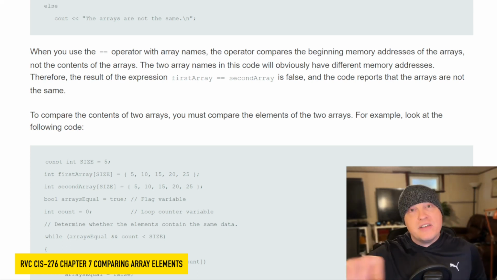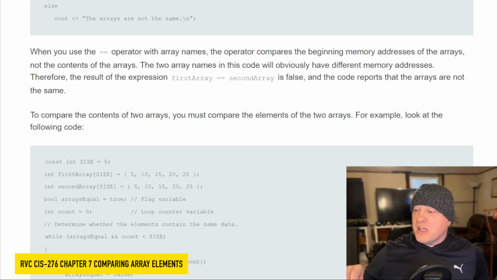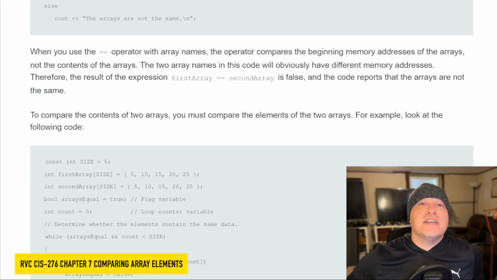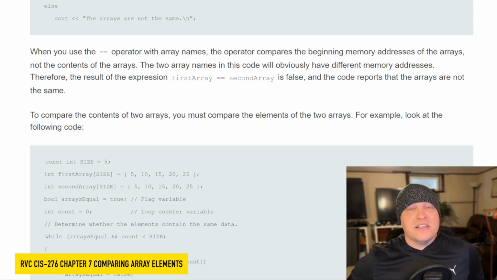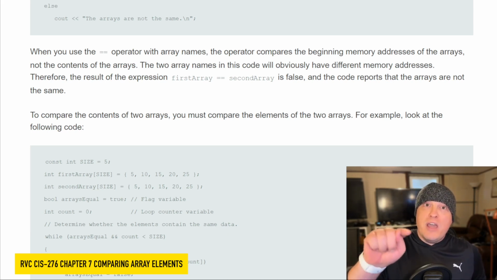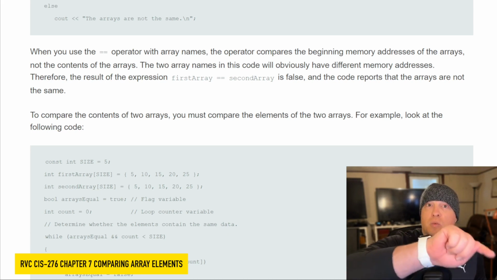To circumvent all of that, what C++ does is go, here's the address of my first element in the array. And that address is what C++ is comparing when I say array 1 equals array 2.